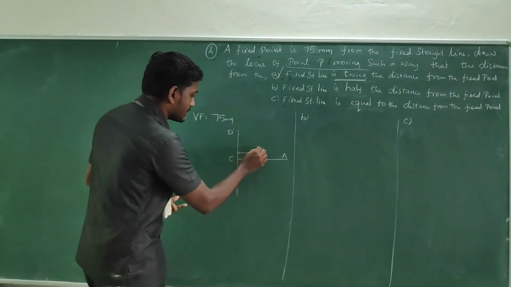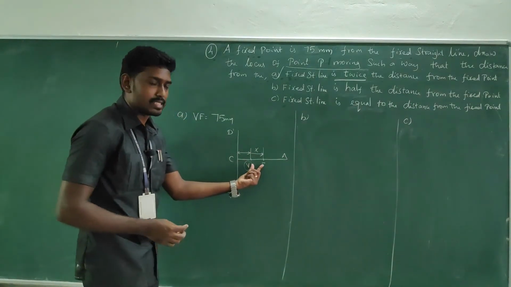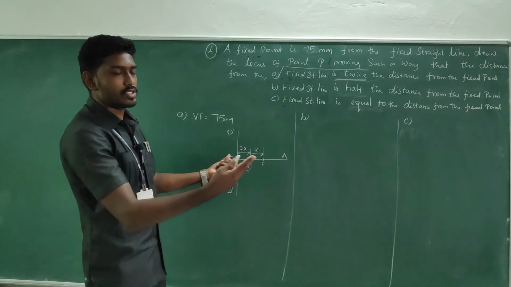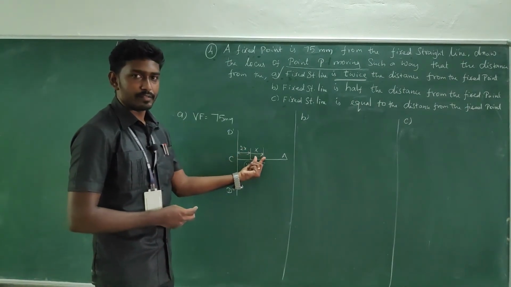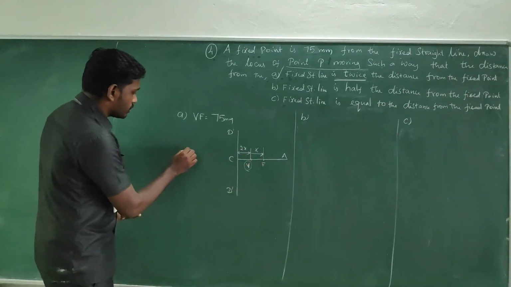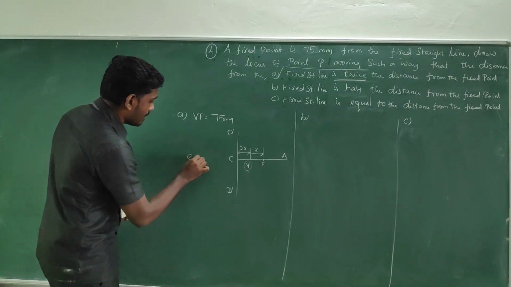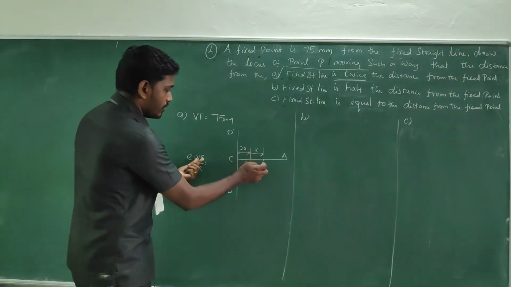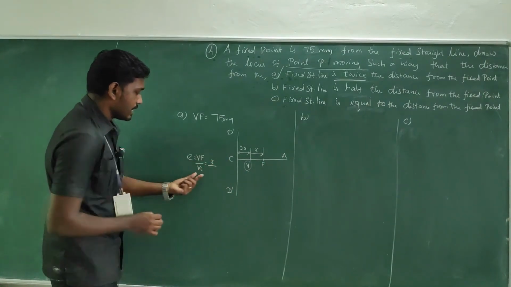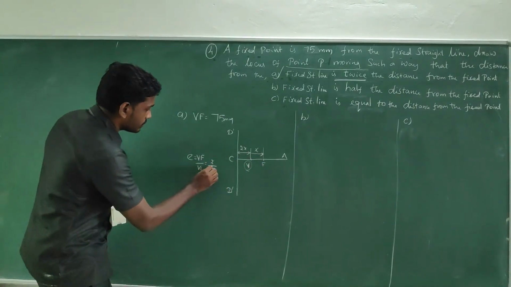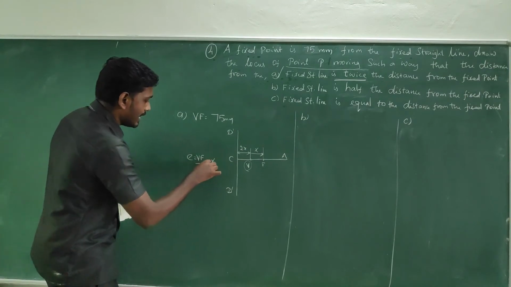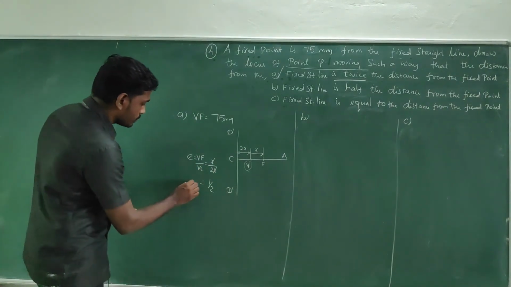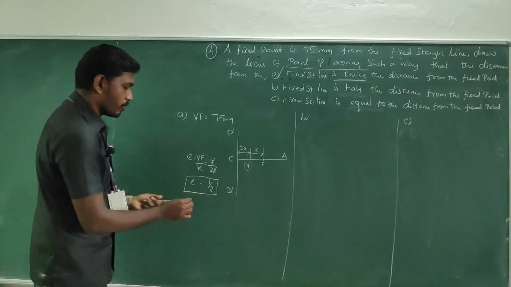So if I take Vf as X, this will be 2x. So the eccentricity Vf divided by Vc: Vf is X and Vc is 2x. So X and X get cancelled, so we get 1 by 2. E is 1 by 2.